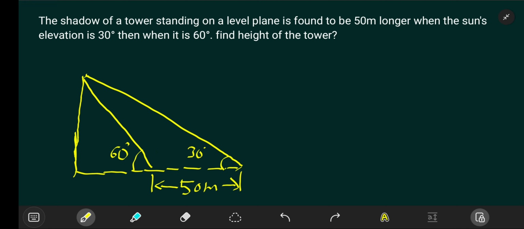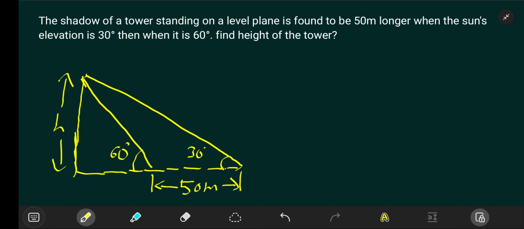Now, when the sun elevates 30 degrees, and after some time the sun elevates 60 degrees, between these 30 degrees and 60 degrees the shadow length is 50 meters, they are giving, and asking for the height of the tower. I assumed it as h.